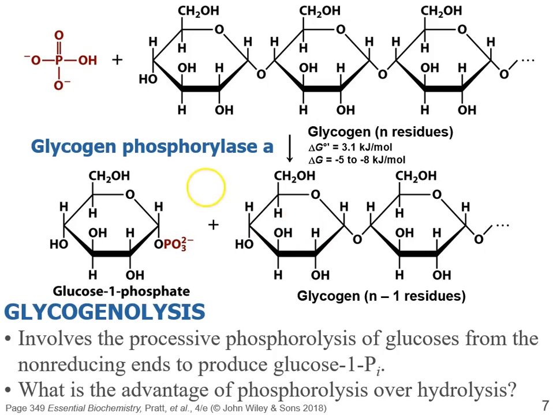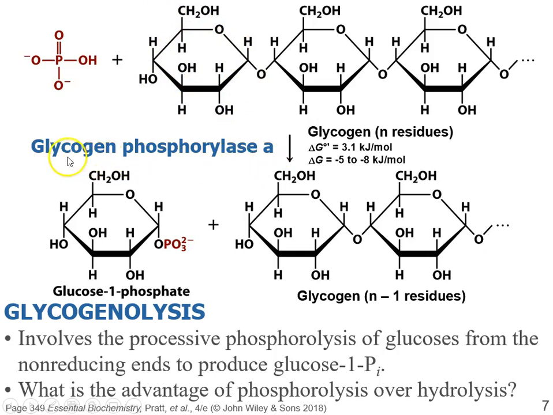Here we're going to use phosphate to break bonds. So instead of doing a hydrolysis right here, we're going to do a phosphorolysis. If we use inorganic phosphate, then we have glucose 1-phosphate as our product, and our glycogen now has one fewer residue than it did before. This happens at the non-reducing end.